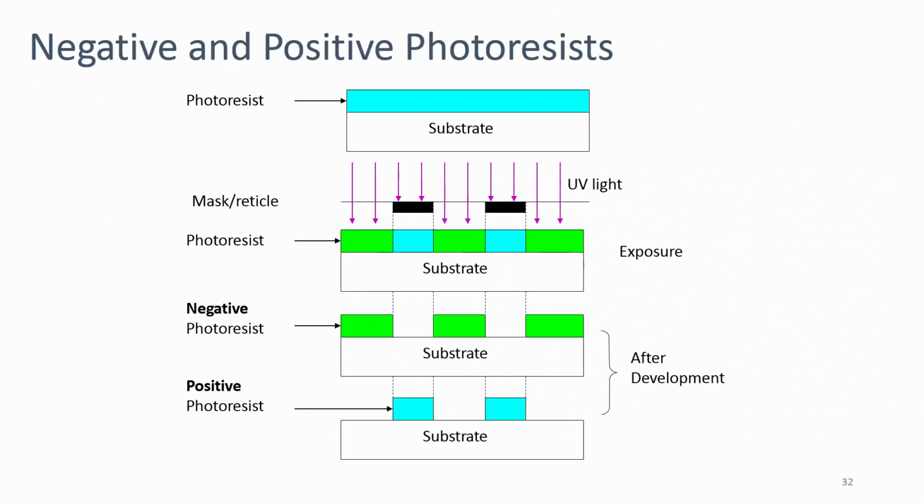Having said that, let us see negative and positive photoresist examples, which we have just seen, but in the form of a schematic. So, if I have a substrate and I coat this substrate with a photoresist, I have a mask here.